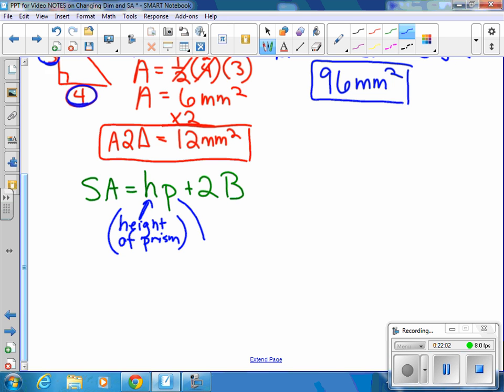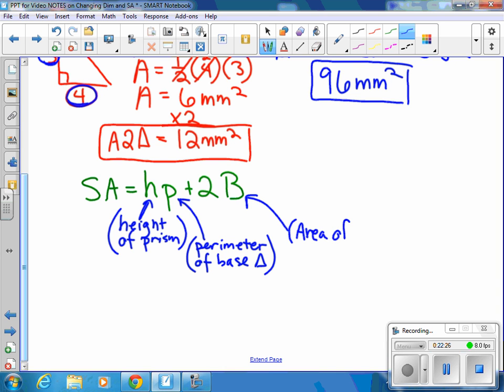This P here is the perimeter. But again, it's tricky, because it's not the perimeter of the whole shape, which you can't really do. It's the perimeter of the base. And the base in this case, again, is a triangle. So we're looking at the perimeter just of the triangle. Then this base here, or this capital B, is the base, but remember, it's the area.